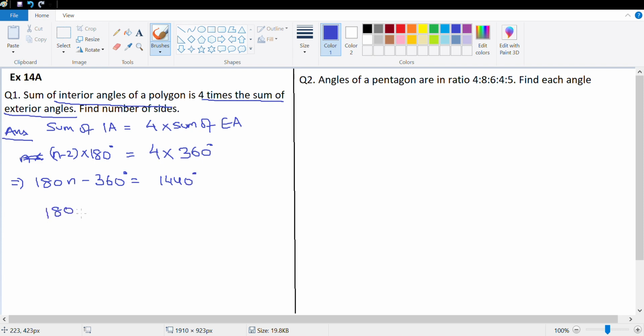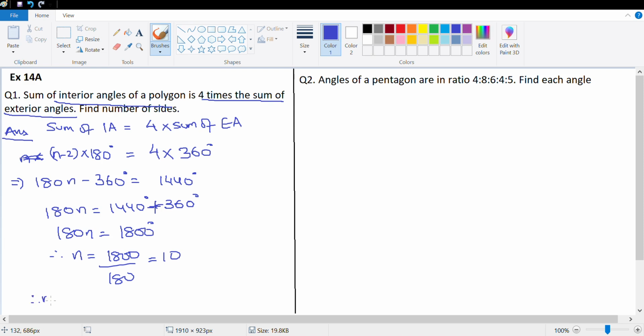Which means 180n is equal to 1440 degrees plus 360 degrees, which means 180n is equal to 1800 degrees. Therefore, n is equal to 1800 upon 180, which is equal to 10. So, find the number of sides. Therefore, the number of sides is 10.